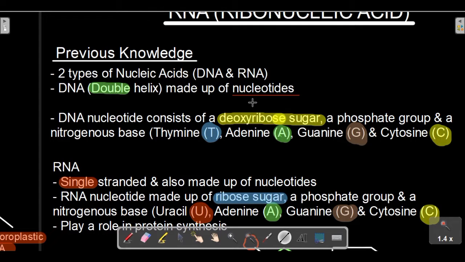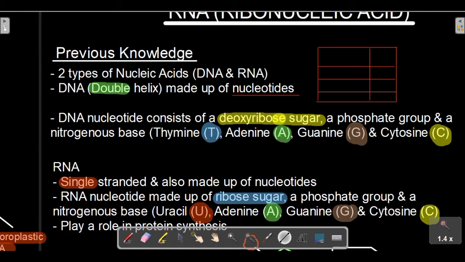Both of them are made up of nucleotides. I even made an example of a wall. When you have a wall, what you see is a wall, but actually a wall is made up of bricks, right? So bricks in that case are the building blocks of that particular wall. So in this analogy, the wall is the nucleic acid, and these single bricks are your nucleotides. They make it up.